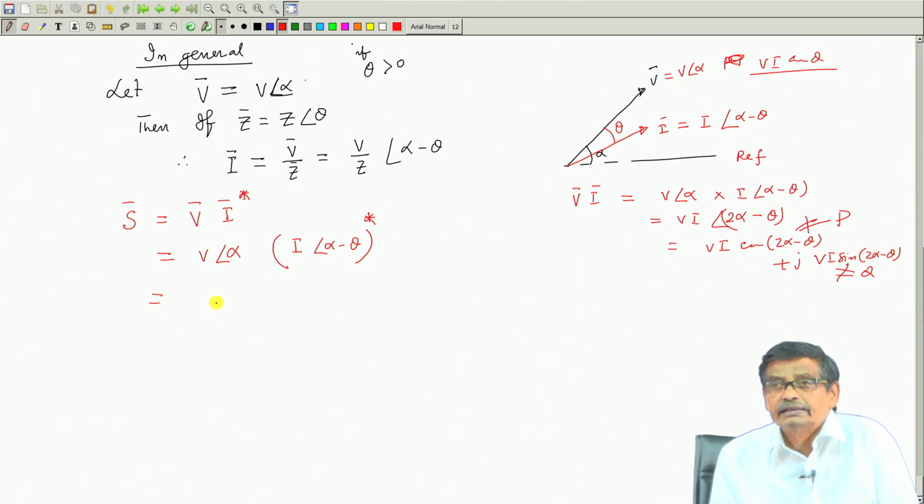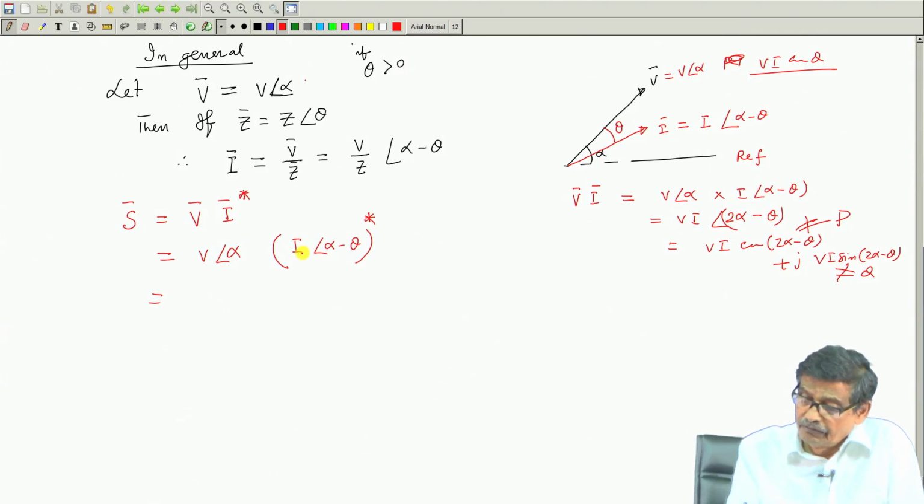When you take the complex conjugate of a complex number in polar form, only the angle gets reversed. So, it will be V angle alpha, and this will be I angle theta minus alpha.